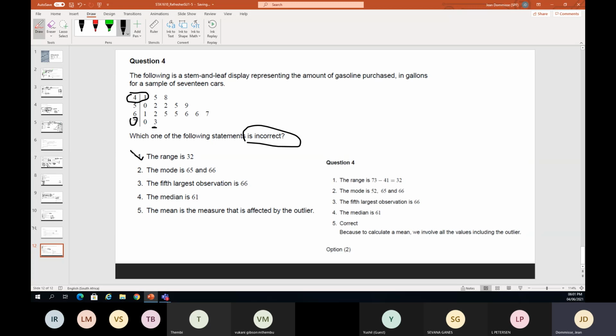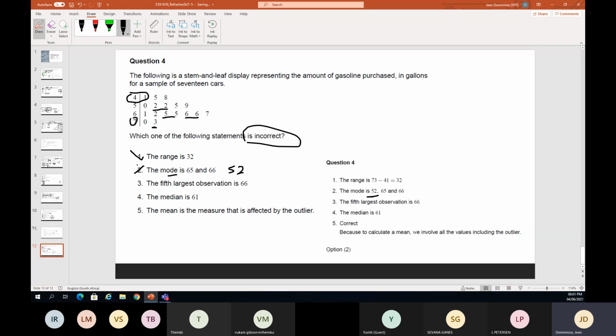So that is correct. The mode, so there can be 2 modes. So let's just look: 52, there's 2 of them, 2 of 62, 2 of 63. So there's actually 3 modes. So 52 is also a mode.